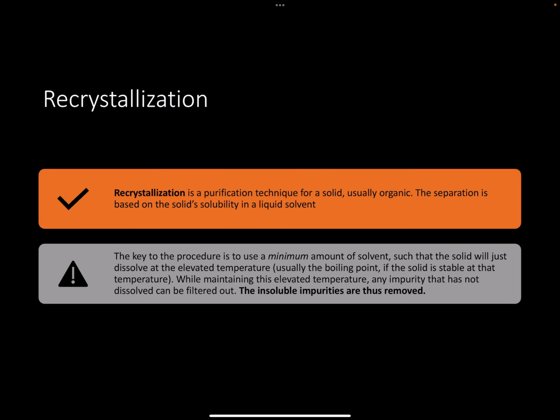Okay, next. Another method of purification or separation is what you call recrystallization. Recrystallization is basically, in simpler terms, evaporation.